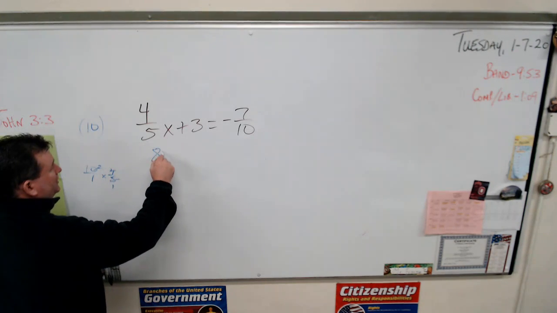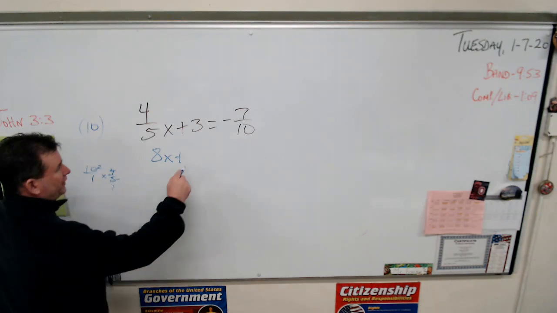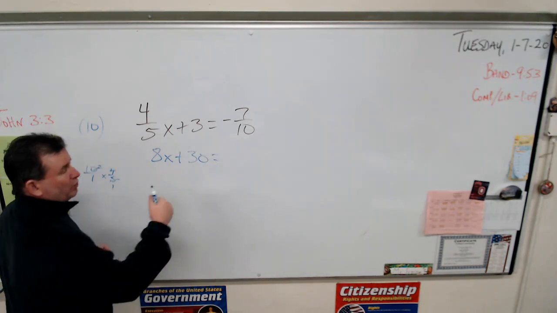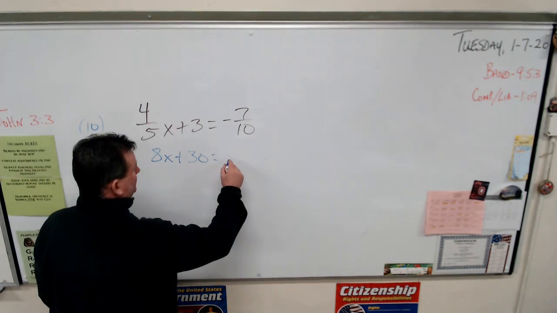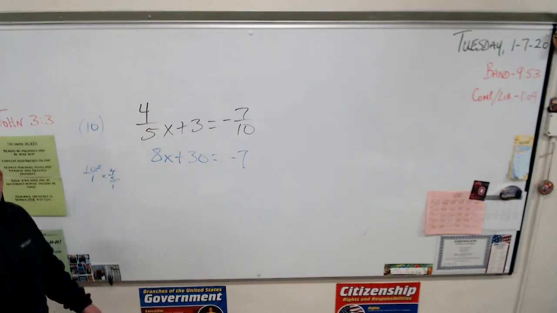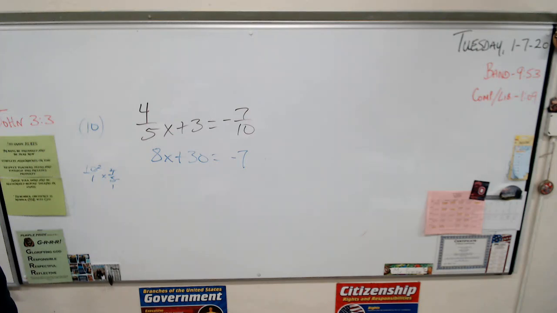So my new problem is 8x plus, what's 3 times 10? 30 equals, what's negative 7/10 times 10? Negative 7. And now, look. Now, I'm going to work with all whole numbers.